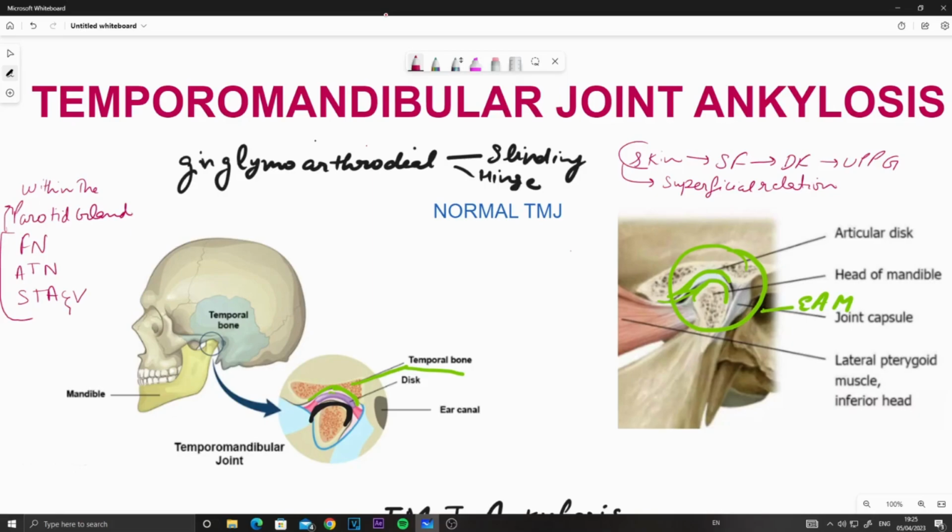Now this glenoid fossa terminates at the posterior articular lip, which prevents the impingement of the tympanic bone.